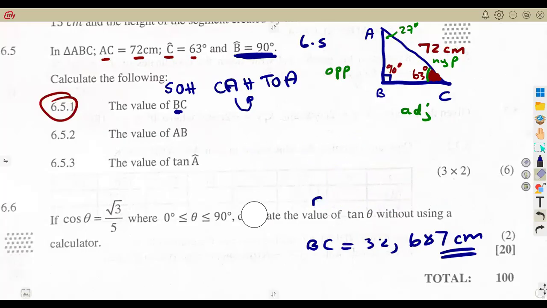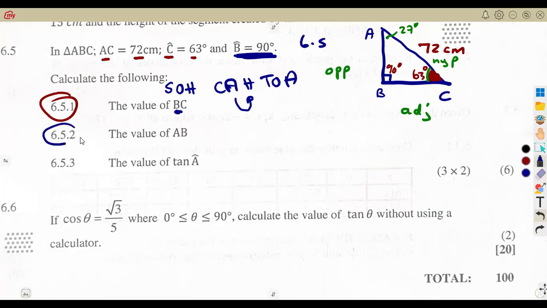The same application can be used to calculate the length of AB. Using this angle of 63 degrees, AB is the opposite, given the hypotenuse. Or since you calculated BC, you can even use Pythagoras' theorem. It's up to you. But I'm going to use the trigonometric ratios.